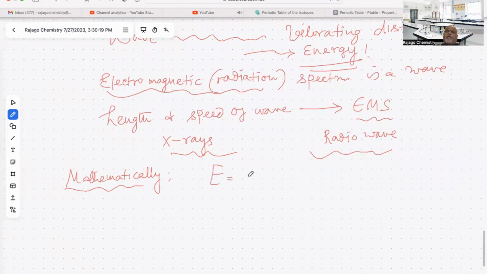The energy of any wave is represented by its frequency. So the energy is directly proportional to its frequency, called nu, a Greek letter, it's not a V. Nu is equal to frequency. But nu is equal to c by lambda. Lambda is also a Greek letter, the wavelength.